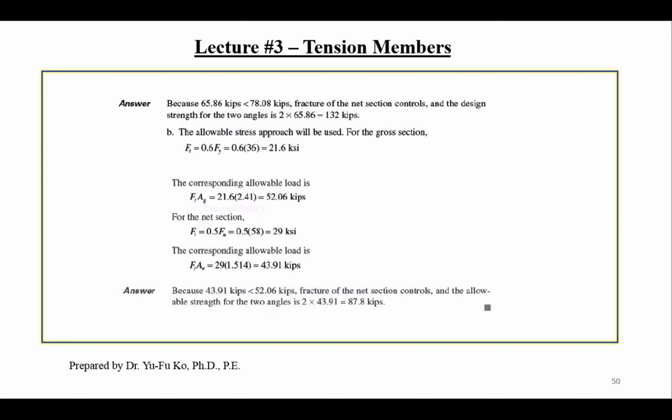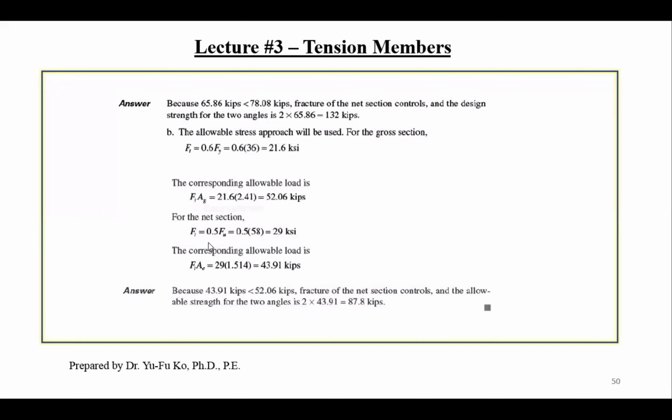Now if you do ASD, if we use allowable stress approach, for allowable yielding, stress is 0.6 Fy. So 0.6 times 36 is 21.6 ksi, and times Ag, this will be allowable tensile load based on yielding, which is 52.06.